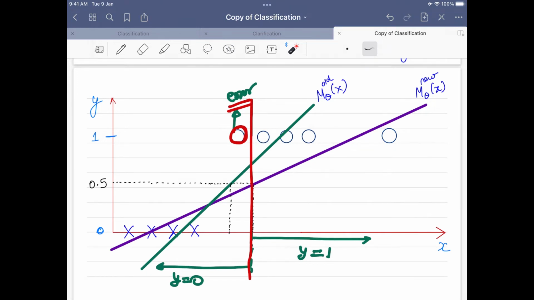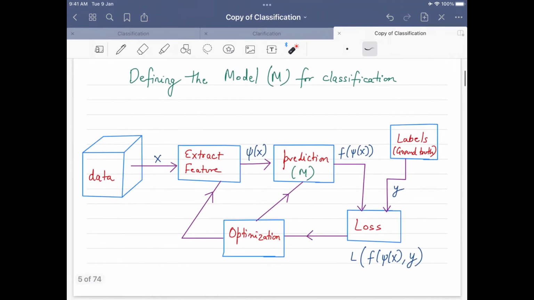You recall this slide, because when we started our course on machine learning, I introduced this slide at that time. By now I think you must be aware of all the blocks in this particular pipeline. Now we want to define a model. As I was trying to say in the previous slide, we are trying to find the model for classification.